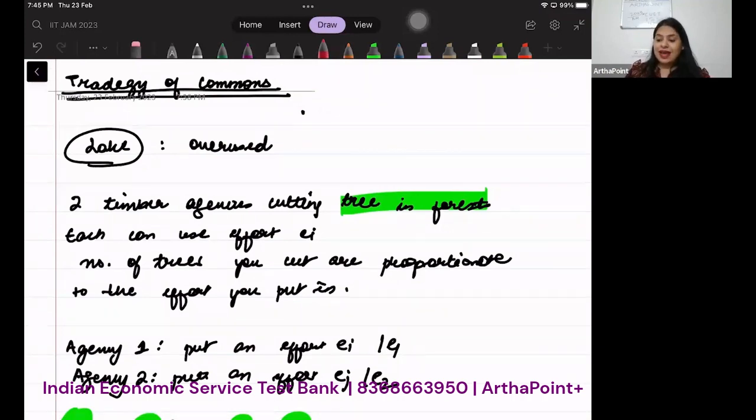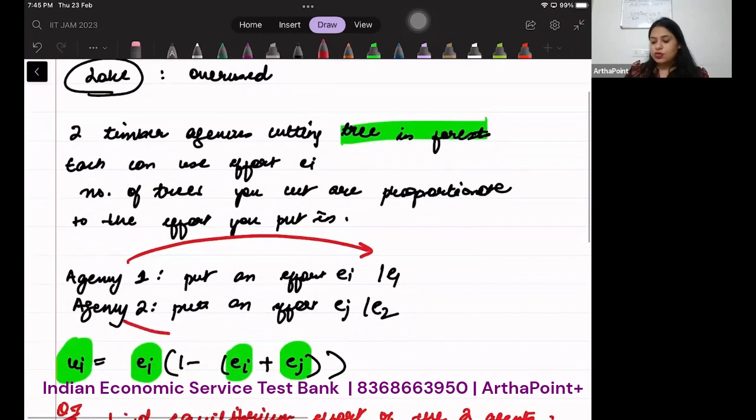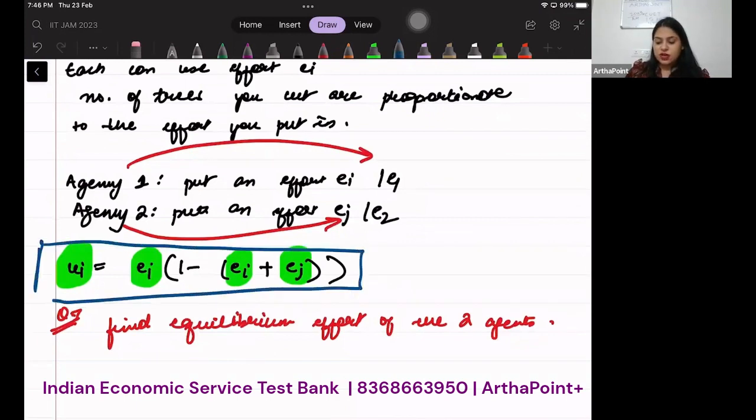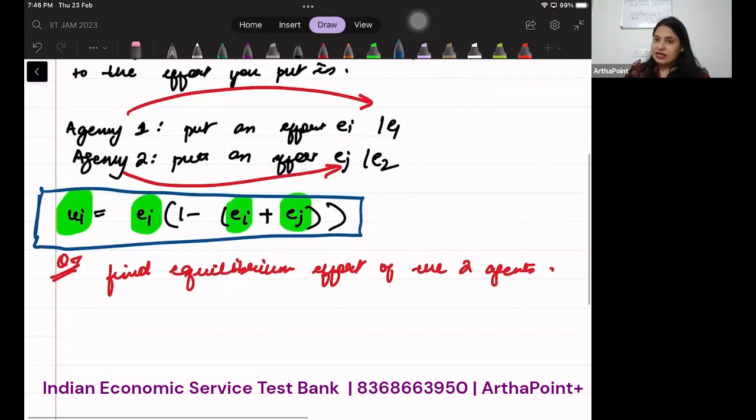Each is using an effort EI to cut the trees. Agency 1 puts an effort E1 and agency 2 puts an effort E2. Based on the effort these agencies put, you have this utility function given to you. This is a typical game theory question. It is asking you to find the equilibrium effort of the two agents.